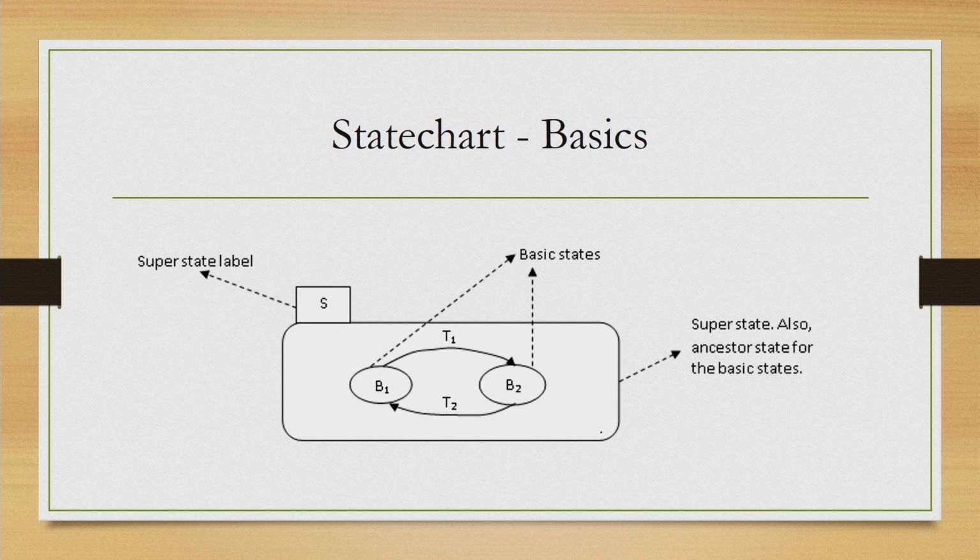The state that contains these two states B1 and B2 is the superstate, which we can label with a name. Here the label S is given to this superstate. Now, this superstate S is the ancestor state for both B1 and B2. So, S is a superstate which is also ancestor state for B1 and B2. B1 and B2 are the basic states.